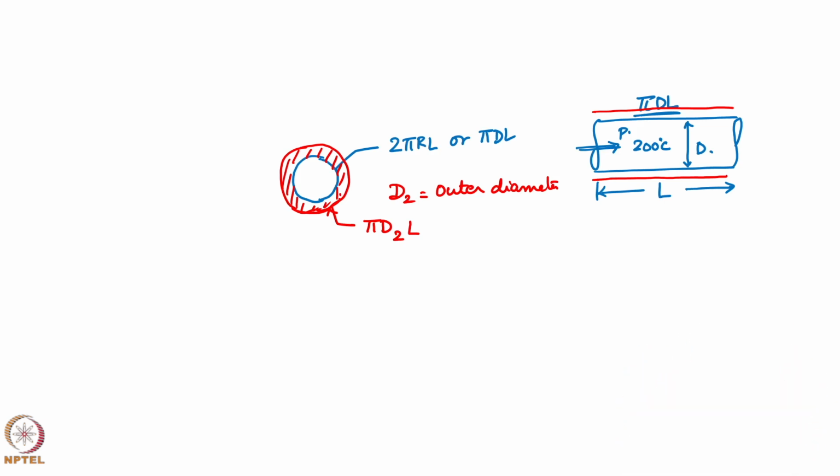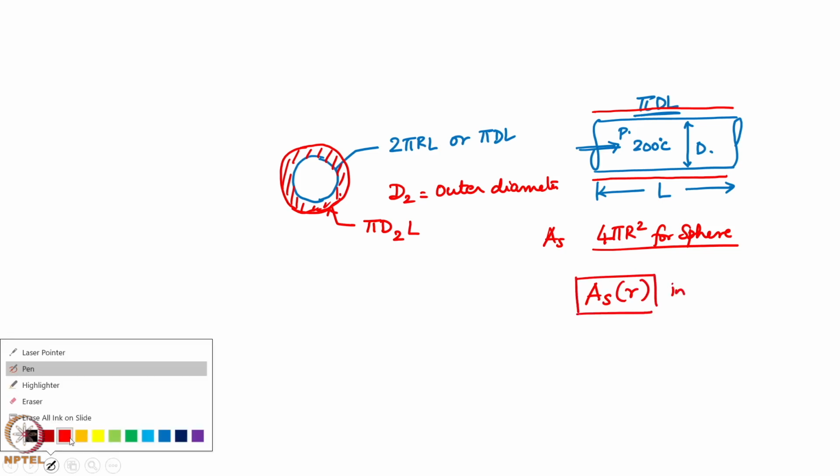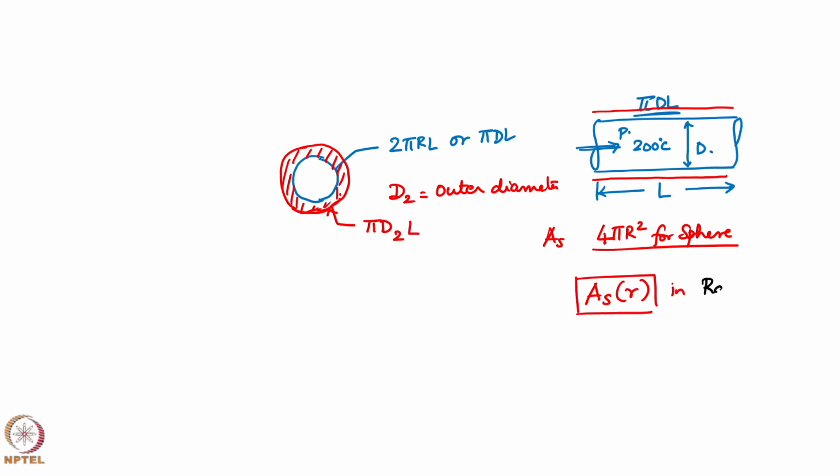So, pi d L for cylinder, 4 pi r squared for sphere, surface area formula. Okay. So, surface area is a function of r in radial systems. Very, very important. We do not know what radial systems are, I will tell you that in a few minutes.